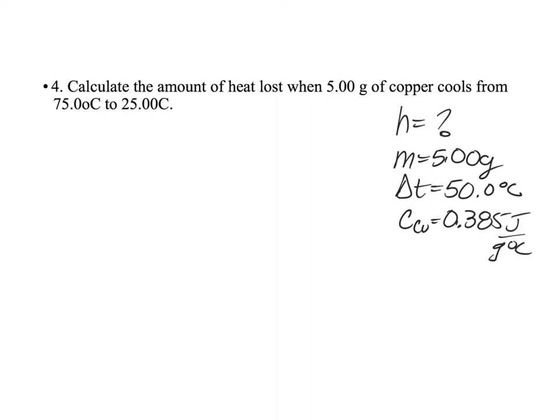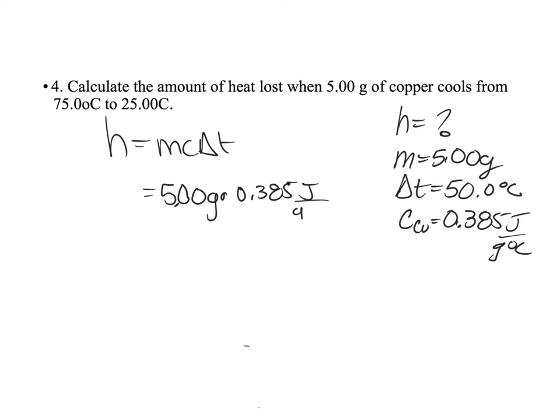Okay, so you might want to pause the video here and see if you can come up with the formula, see if you can come up with the right answer before I do. So the formula would be MC delta T because we have a temperature change. We have 5 grams times 0.385 and the temperature change of 50 degrees Celsius.